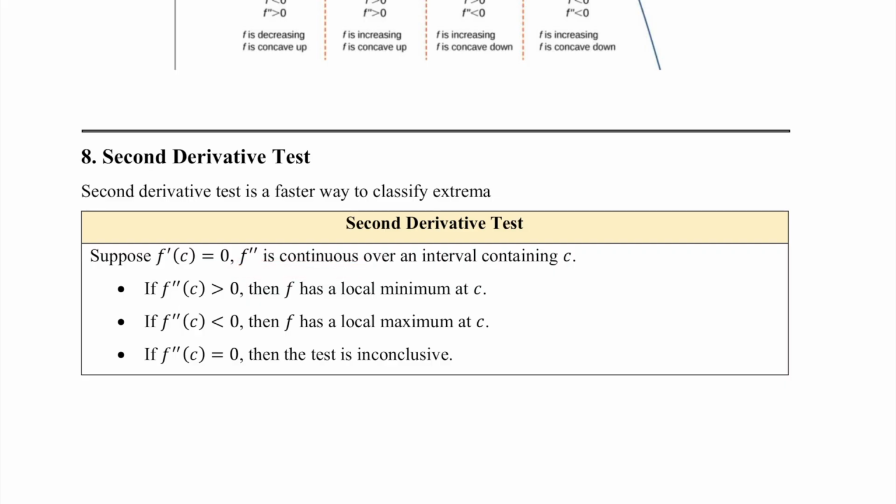Then, if f double prime of c is positive, the graph is concave up, so we have a local minimum at c. If f double prime of c is negative, the graph is concave down, so we have a local maximum at c. If f double prime of c is 0, then the test is inconclusive.